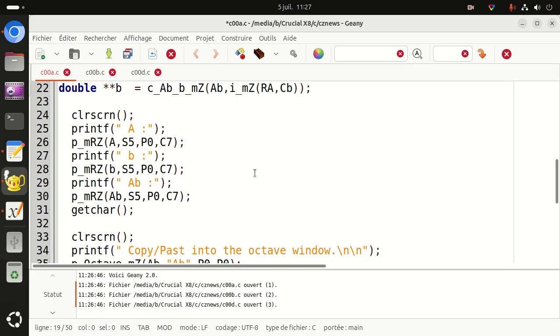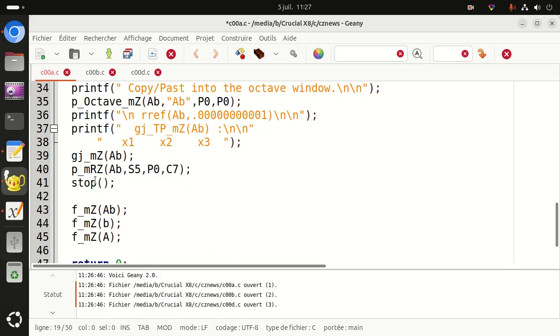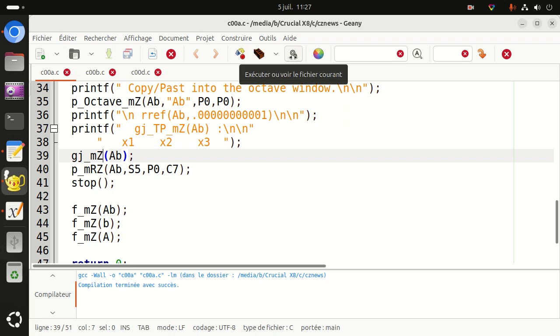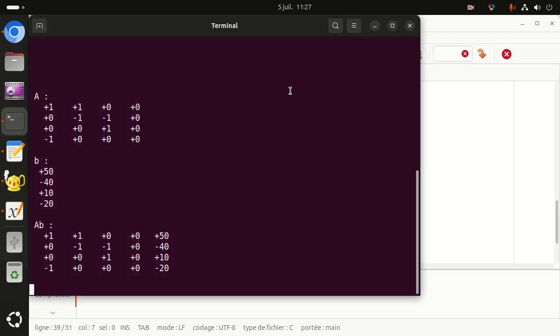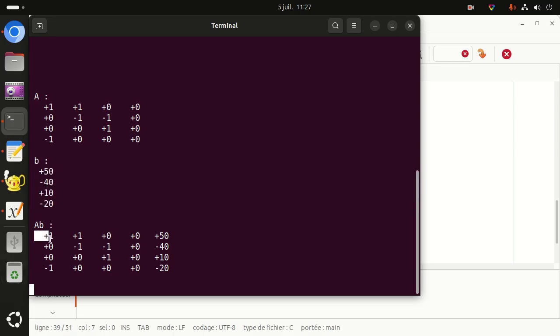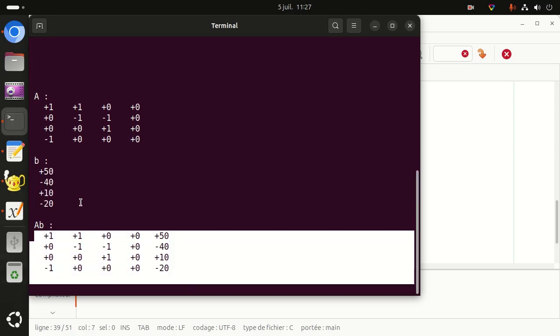And now here I use Gauss-Jordan. I print A, I print B, I print AB, the system.